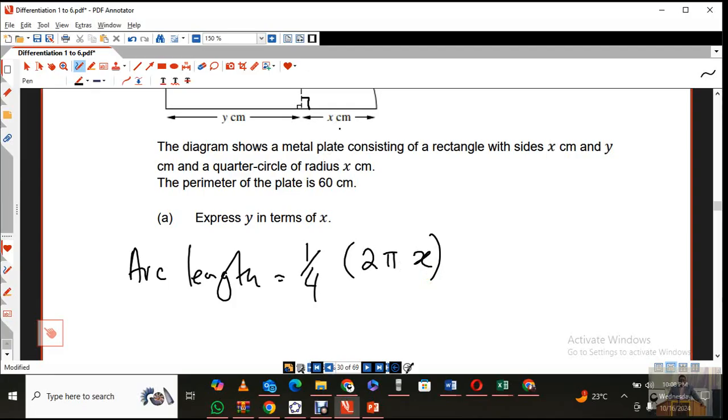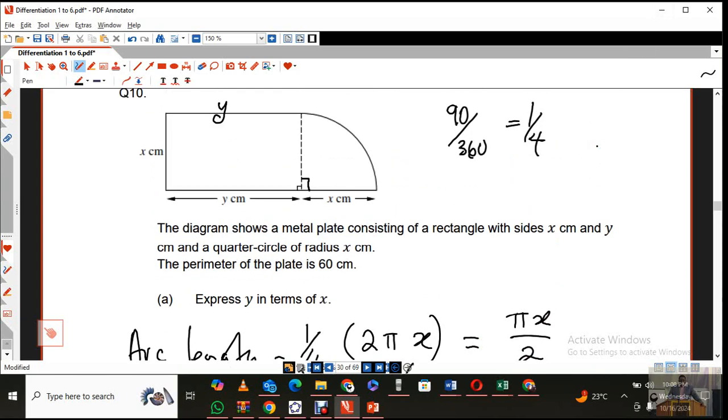Are we clear? Once you clean this up, this is going to give you nothing but a half, so that is pi x over 2. So this distance over here is pi x over 2. So all of that added together, I have 2x plus 2y.